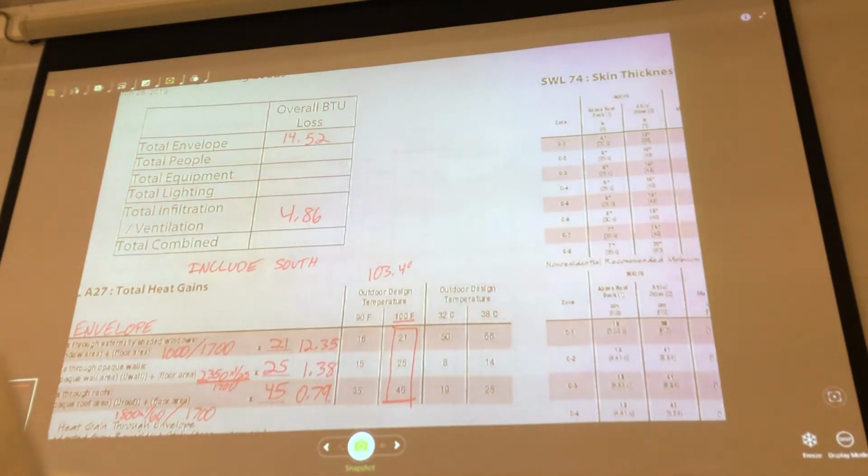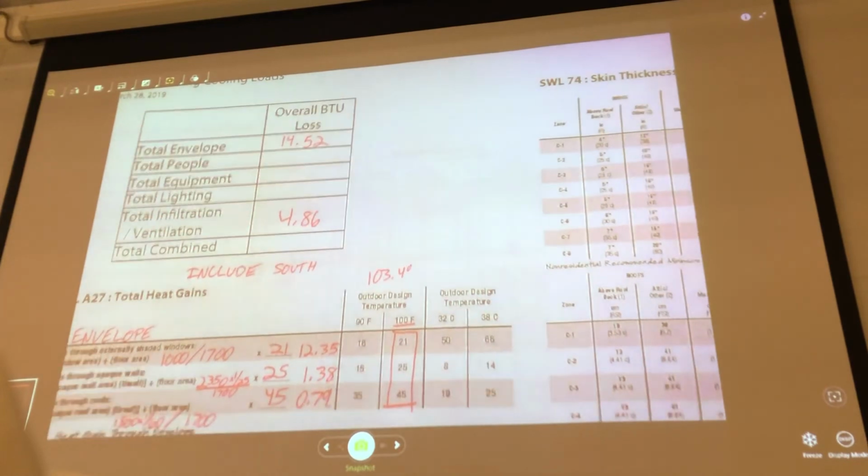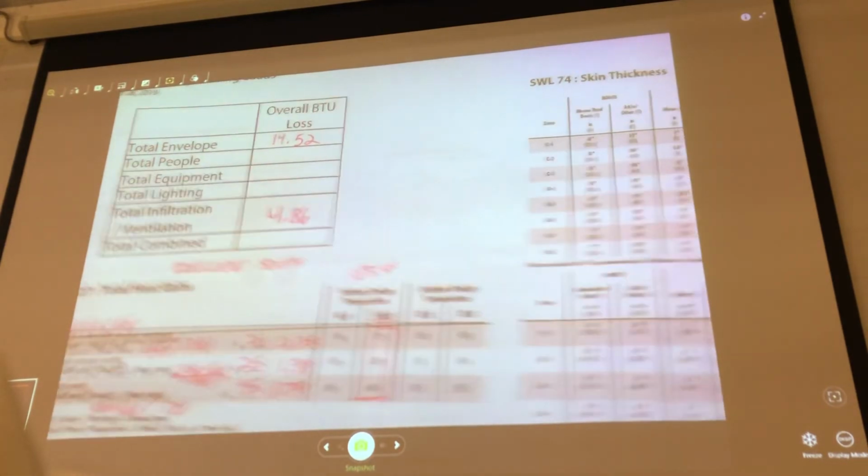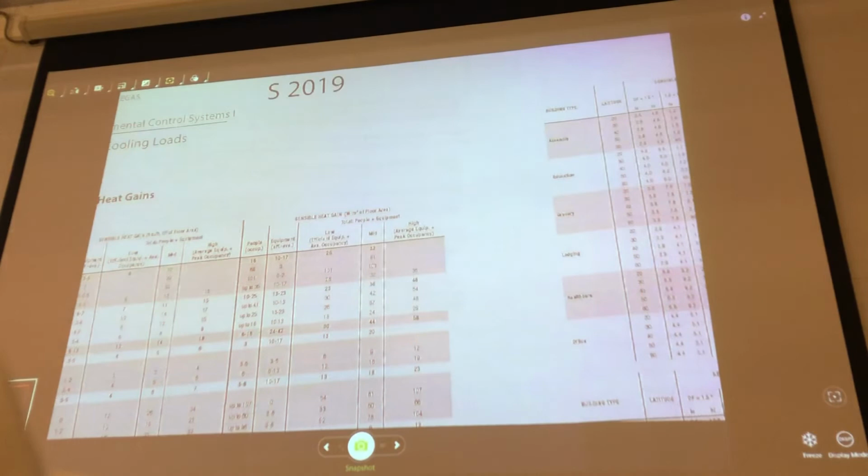Now all we need to do is figure out what's our people, our equipment, and our lighting. And all of that is located on the next page.